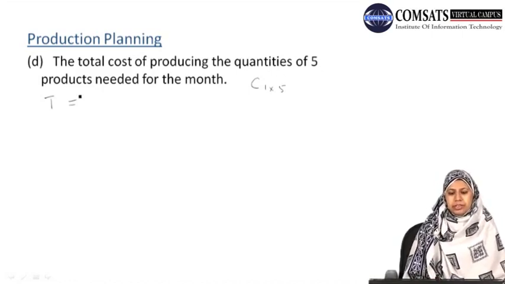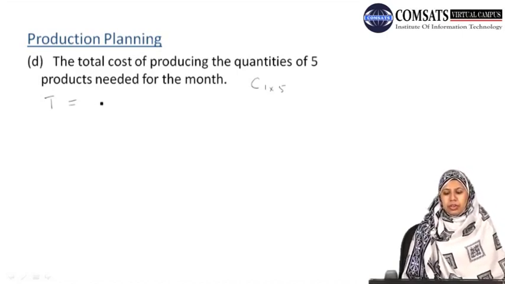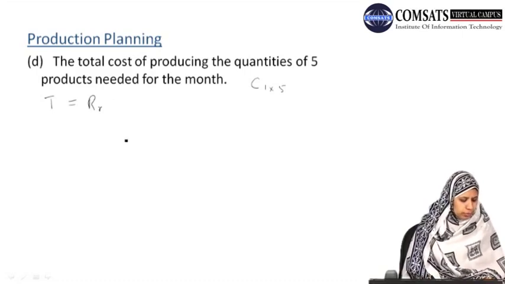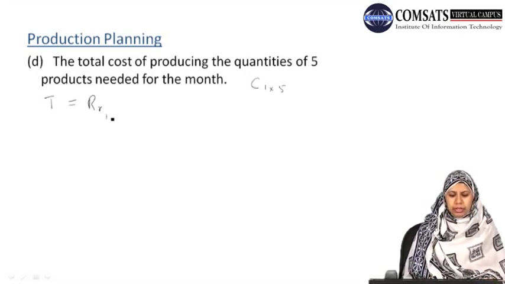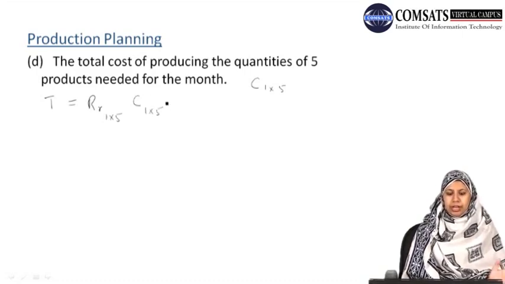And the company is interested in knowing the total cost for producing the quantities of 5 products for the next month. Okay, we have just calculated our matrix R of order 1 by 5, and we have a matrix of cost which is again of order 1 by 5.